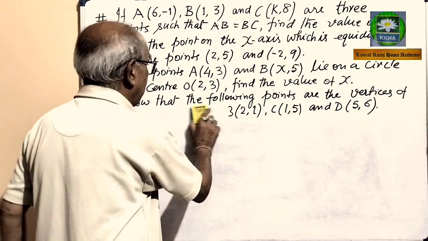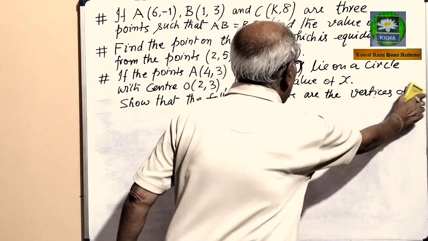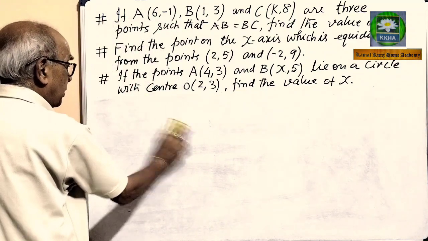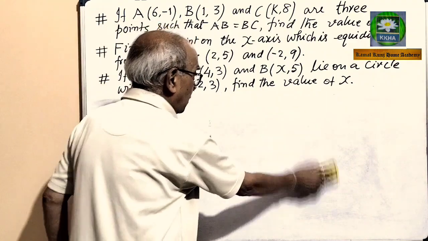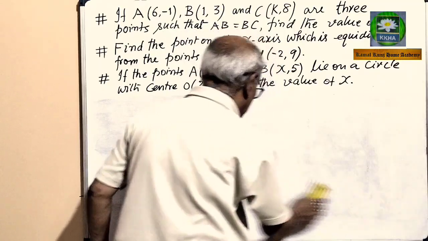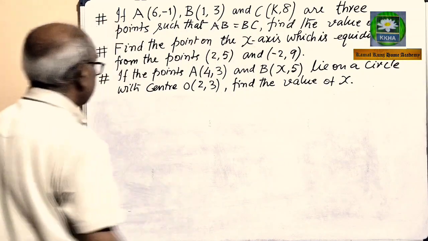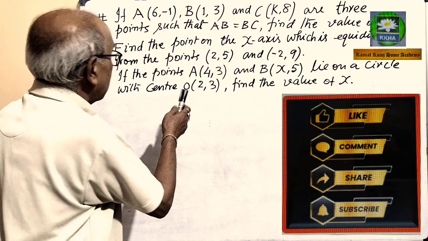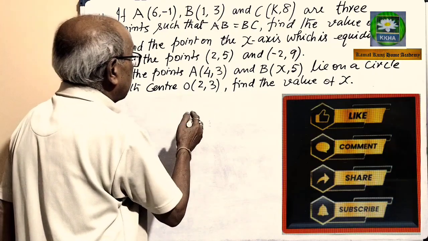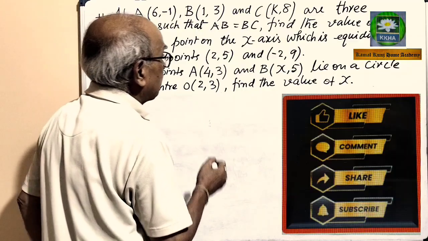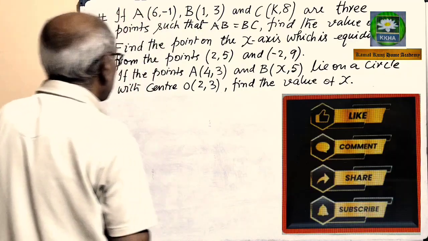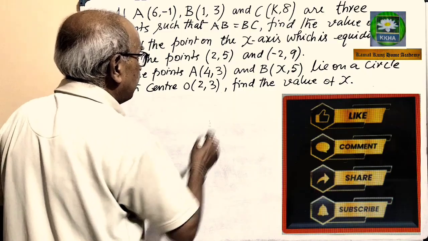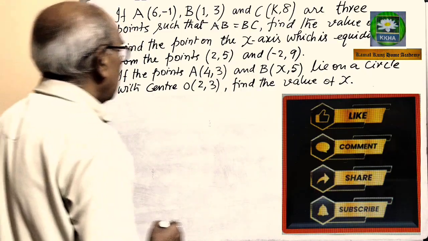The problem is: if the points A (4, 3) and B (x, 5) lie on a circle with the center whose coordinates are (2, 3), find the value of x.